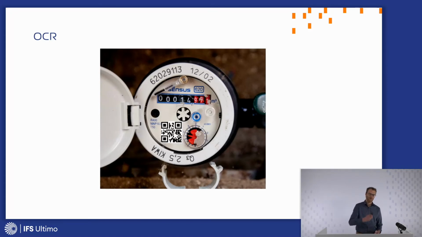We have added the QR code. That was our idea, the asset ID, and again let that artificial intelligence check: do I see in this picture a QR code, and do I see the meter value, and let it process both. And that also works. So OCR, what we are thinking about is to use it for entering meter values.